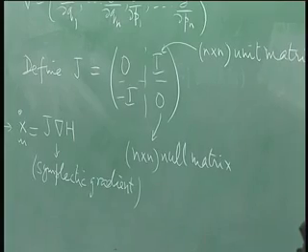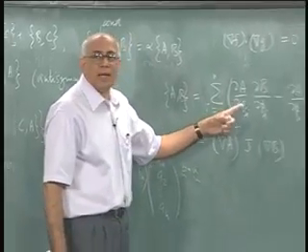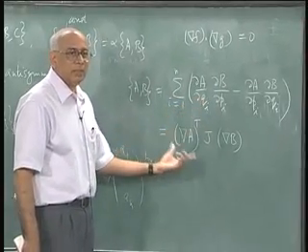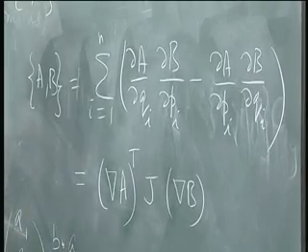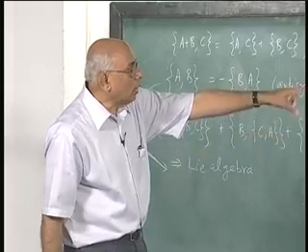So this is in fact the significance of the Poisson bracket. This is the way to look at it. This is by the way an algorithm to calculate the Poisson bracket, but its real meaning is here.